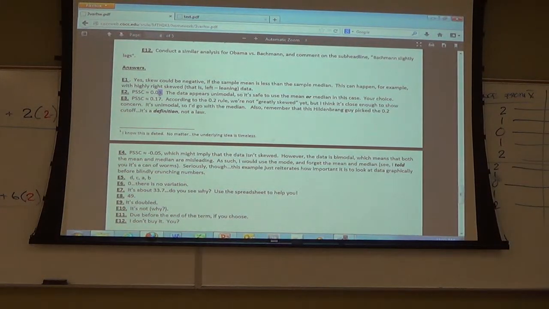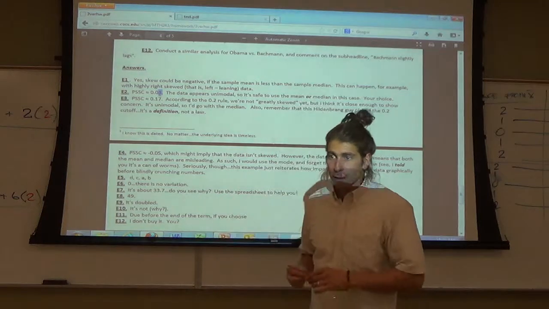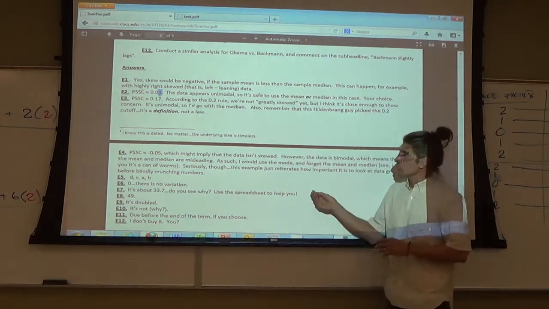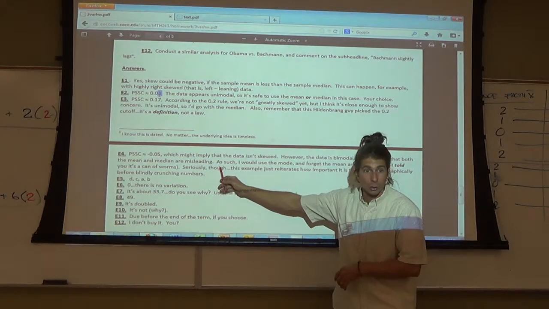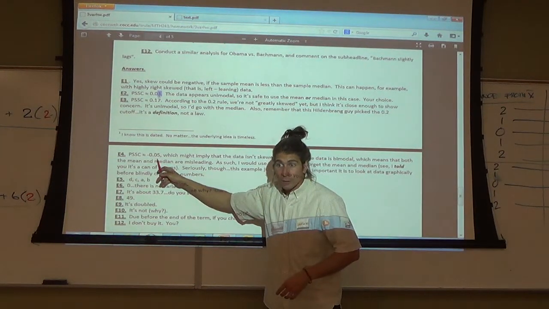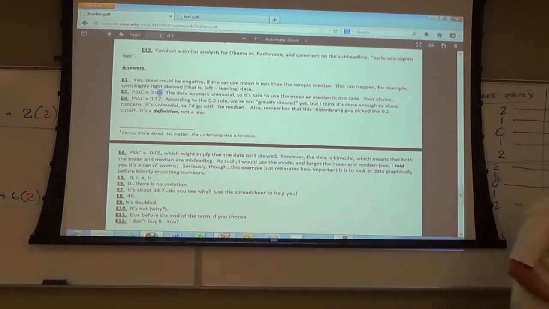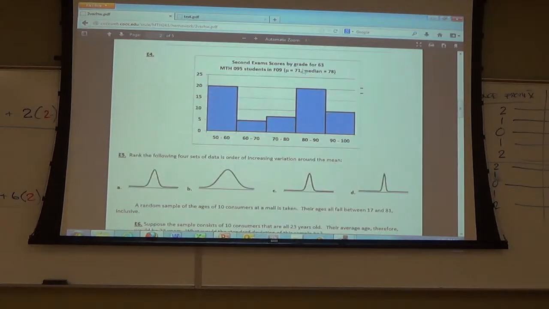Is the PSCC thing going to be? PSSC, no. I put it on the out-of-class part as an Excel command for extra credit. And if you read the solutions that I put down here, if you look at the PSSC for the bimodal, it gives you a number that's less than 0.2. But no one in their right mind would say that that data is even close to bell-shaped.